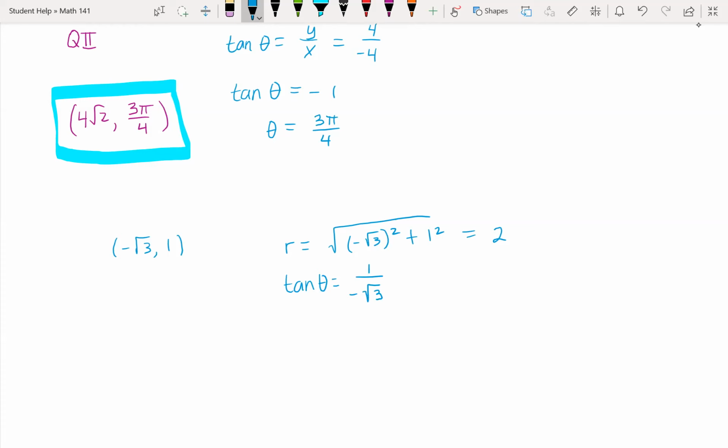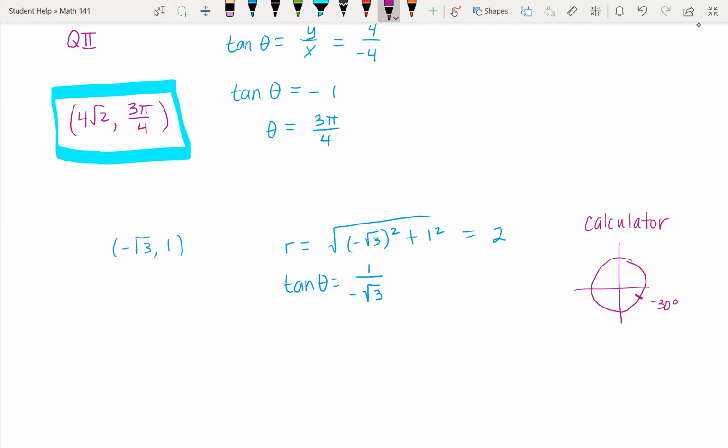Let's see what happens if we plug this into the calculator. If you plug into the calculator tan inverse 1 over -square root 3, the calculator gives you back -30 degrees. So the calculator tells us that the answer is over here at -30 degrees.